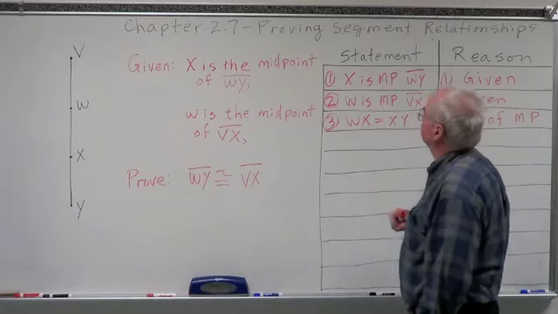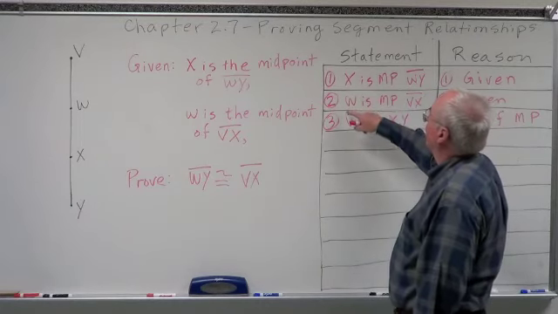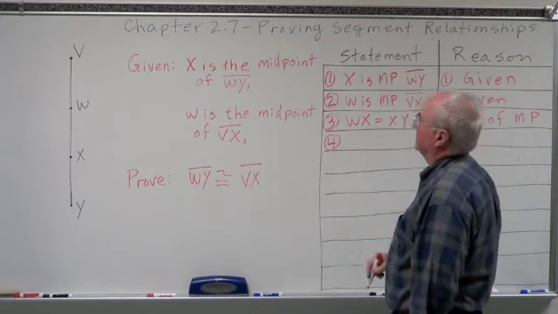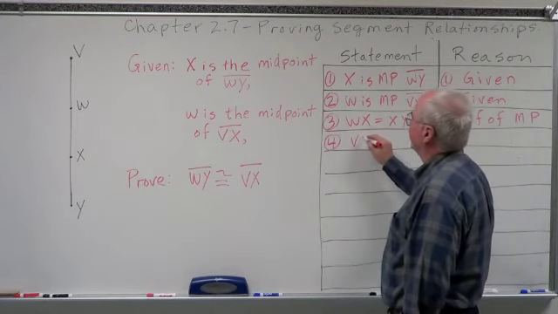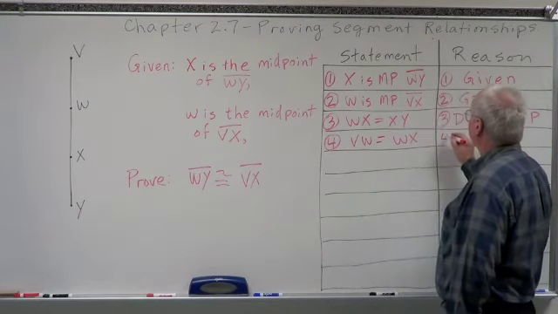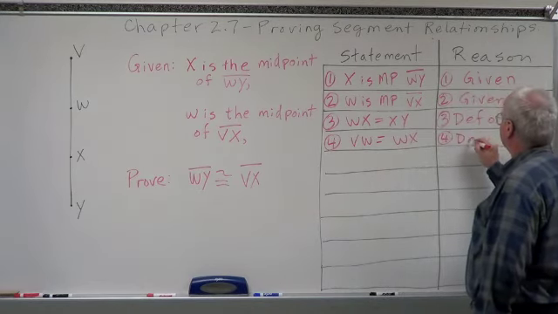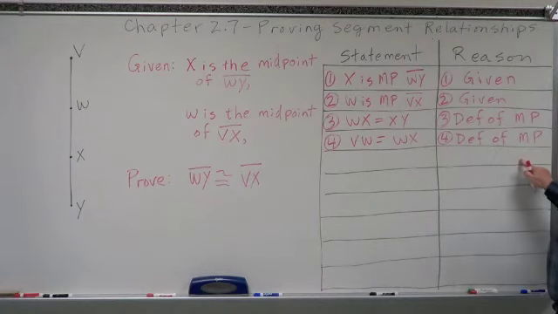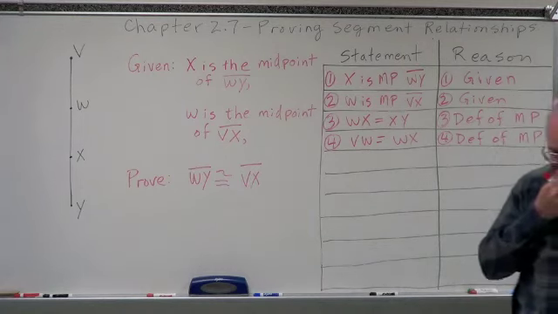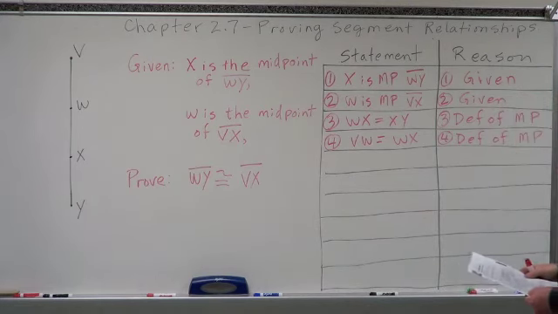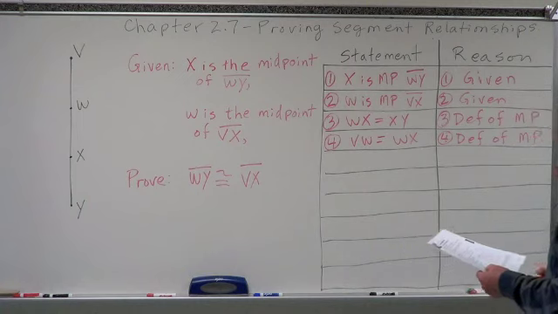How about because W is the midpoint of VX? We can say that VW equals WX. And again, why? Definition of midpoint. You have to know those definitions. If you don't know the definitions, you're going to get in trouble pretty quick. So there's our first 4 statements.